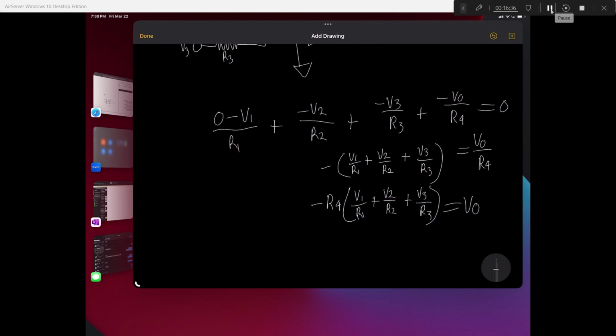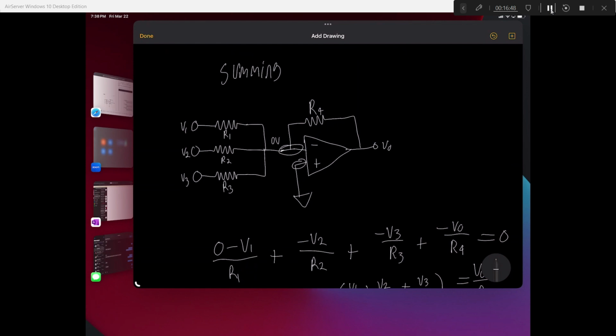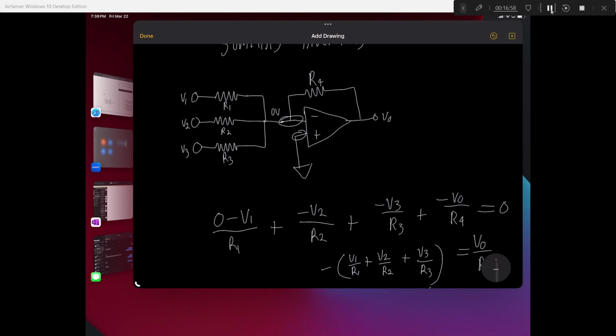Now that we have our equation, notice how you have multiple voltage sources. That means it's a summing inverting amplifier. We got the negative, so it's inverting. And we know it's inverting here too because it's connected to the negative terminal. That's where the power comes in from these three.